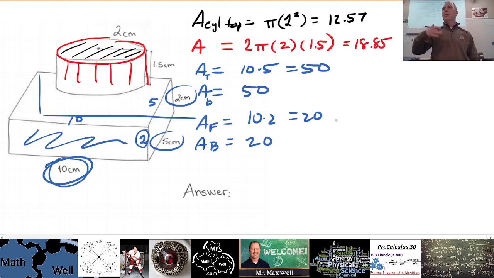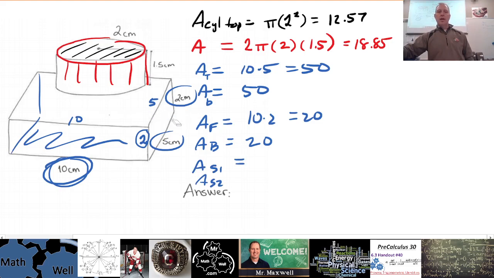I'm going through this a little bit quicker now because we've done each one of these 5 or 6 times already. So the only thing we have to do is the area of side 1 and side 2, right? The side is going to be this dimension, 5 by the height 2. So that's 5 times 2, which is 10 centimeters squared. And the other side should be the exact same, 10.